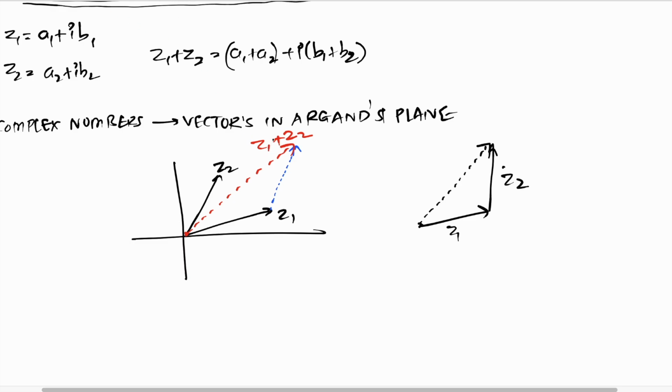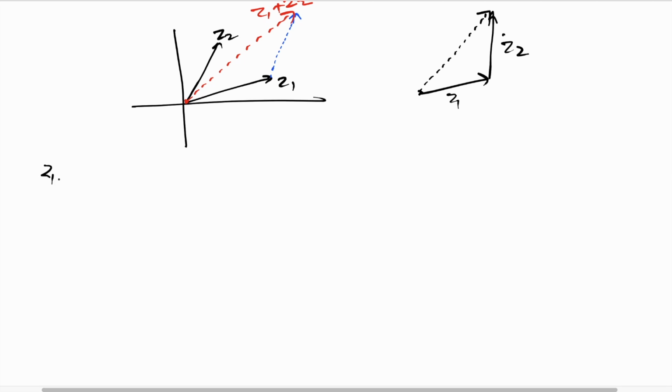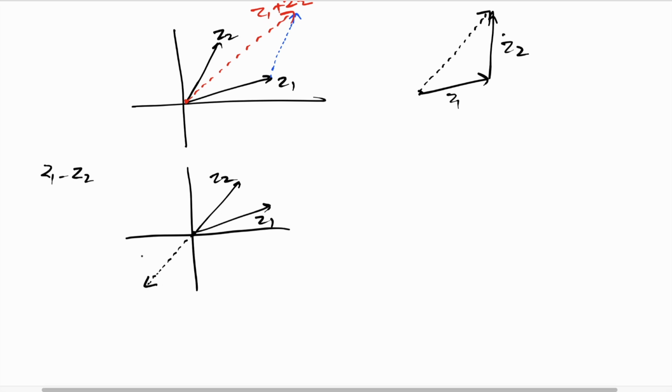If I have to subtract two complex numbers, for example, if I have to find z1 minus z2 in the same case, if this is z2 and this is z1, then minus z2 will be a complex number which points in the completely opposite direction with the same modulus. So this is minus z2.